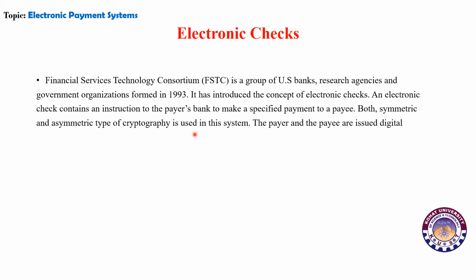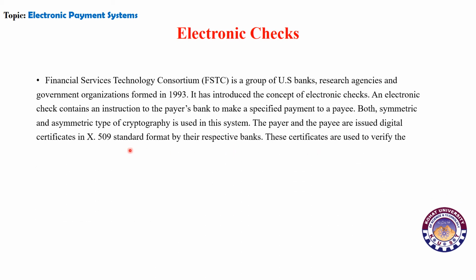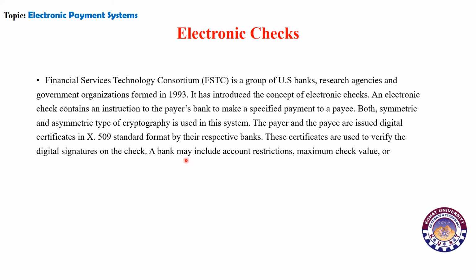Both symmetric and asymmetric types of cryptography are used in the system. The payer and PE are issued digital certificates in X.509 standard format by their respective banks. These certificates are used to verify digital signatures on the checks. A bank may include account restrictions, maximum check value or currencies allowed by the bank in the certificate.